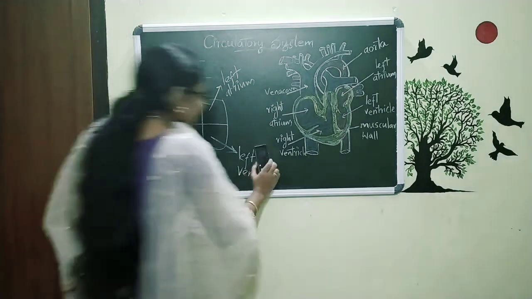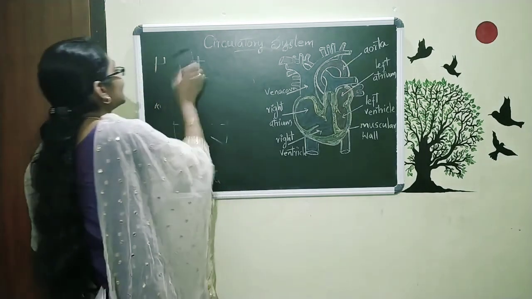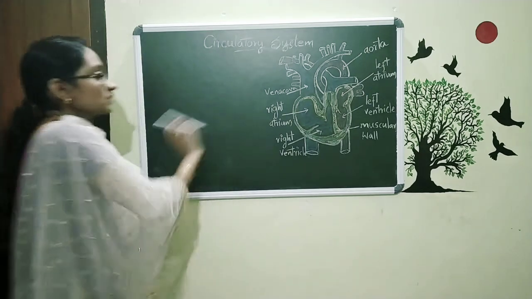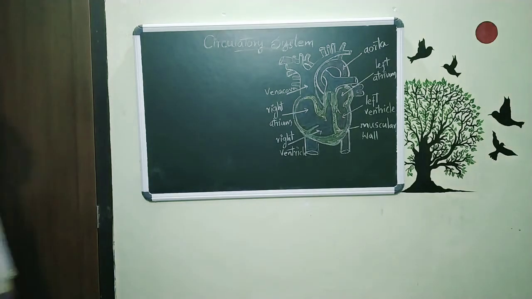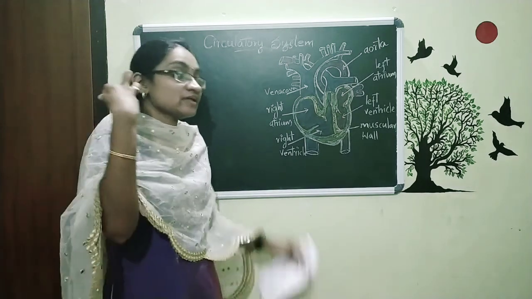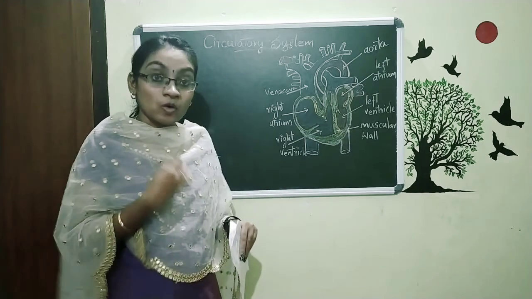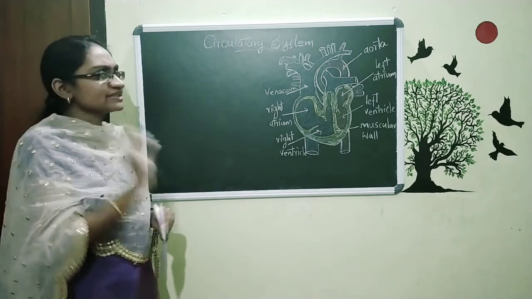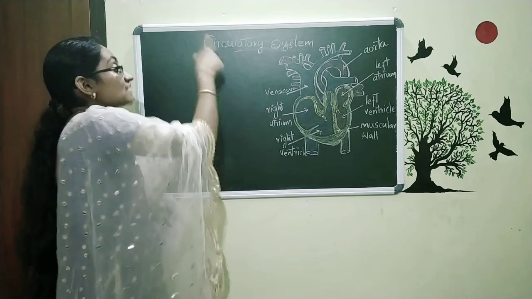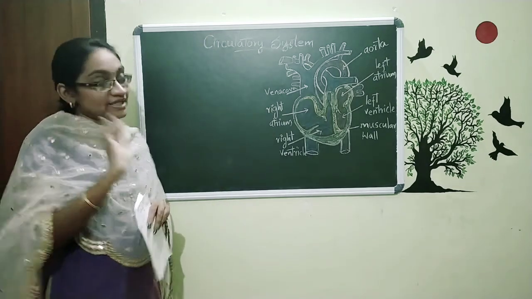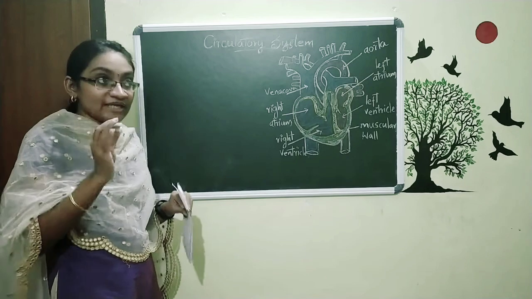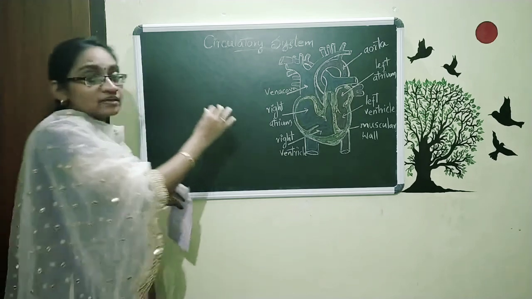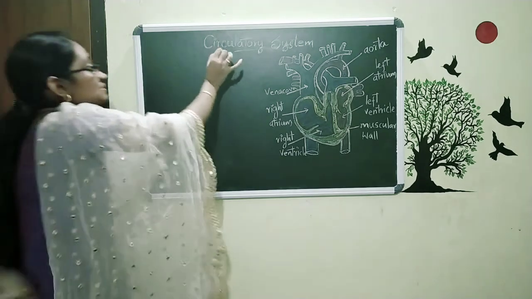Now we want to study how the blood is circulating through our body. So the heart is all these things. Now we want to study how the blood circulates through our whole body. The heart is a particular part of the circulatory system. In the first class we studied that the circulatory system has certain organs, including the heart, veins, arteries, and blood.